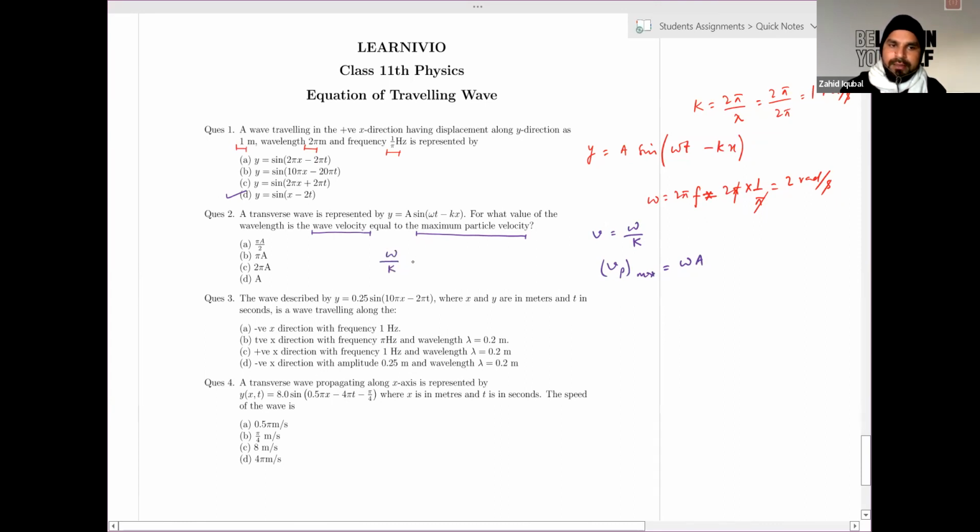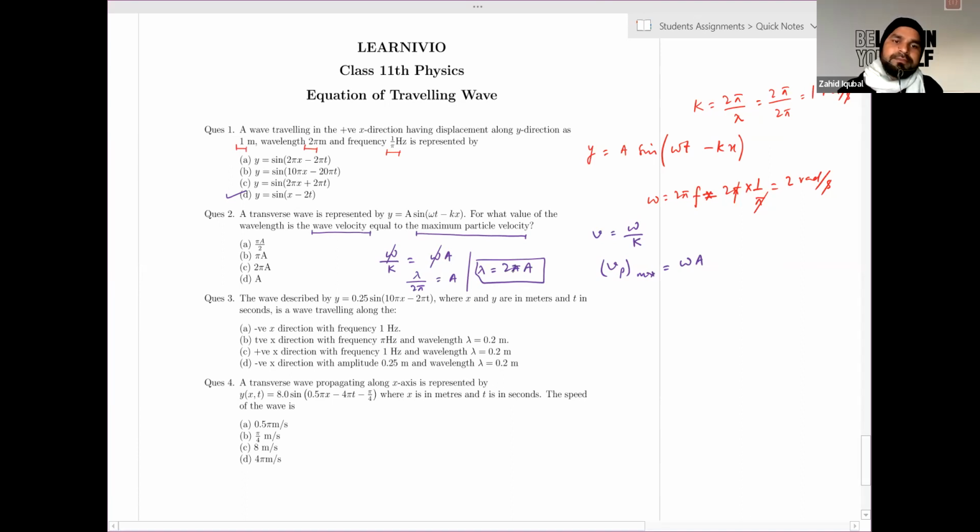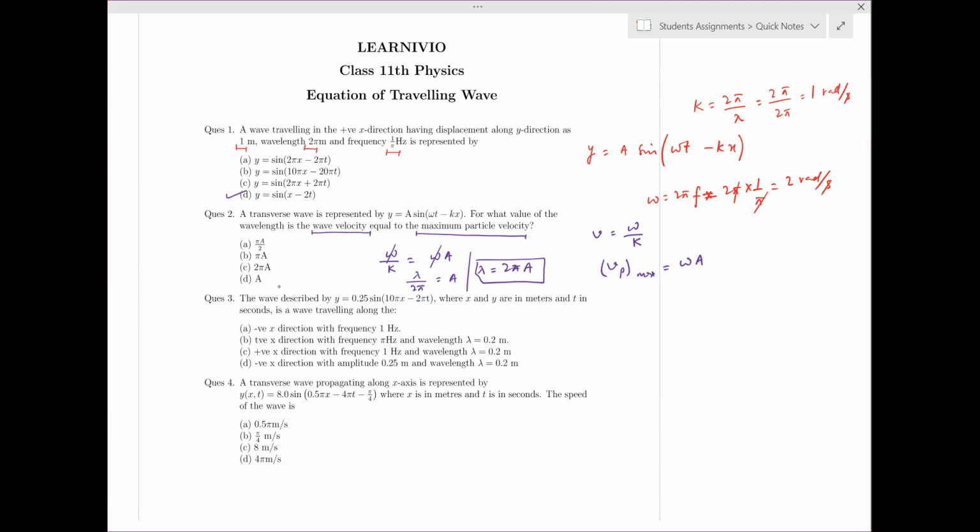Omega by k is equal to omega times A. Omega and omega cancel out. The value of k is 2 pi by lambda, so you get lambda by 2 pi is equal to A. So lambda is equal to 2 pi times A. Is it clear? Yes, sir. So which option is correct? Option C. Good.